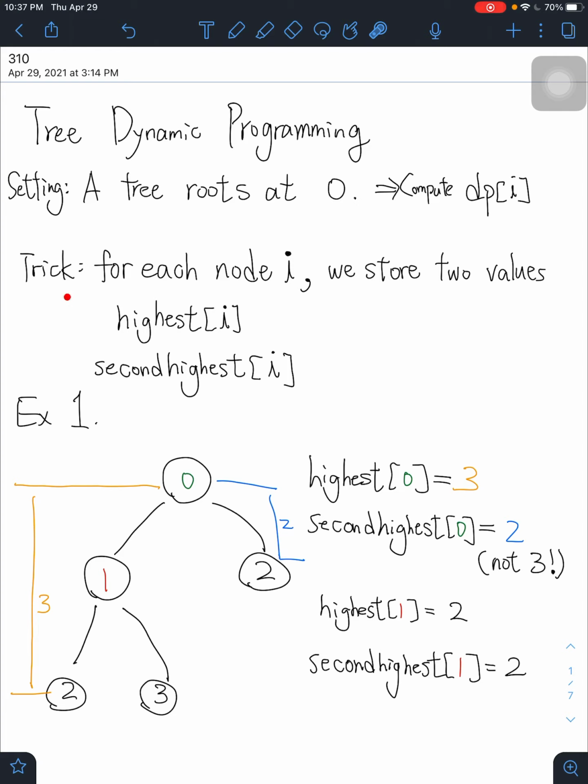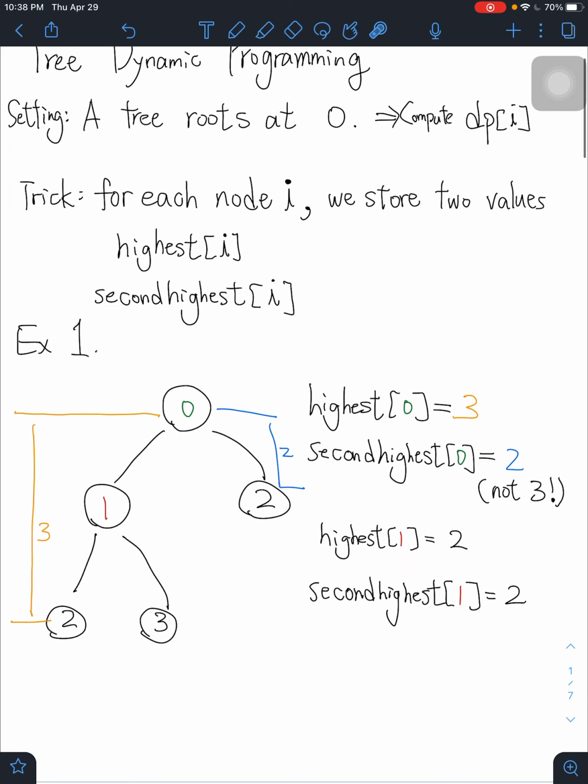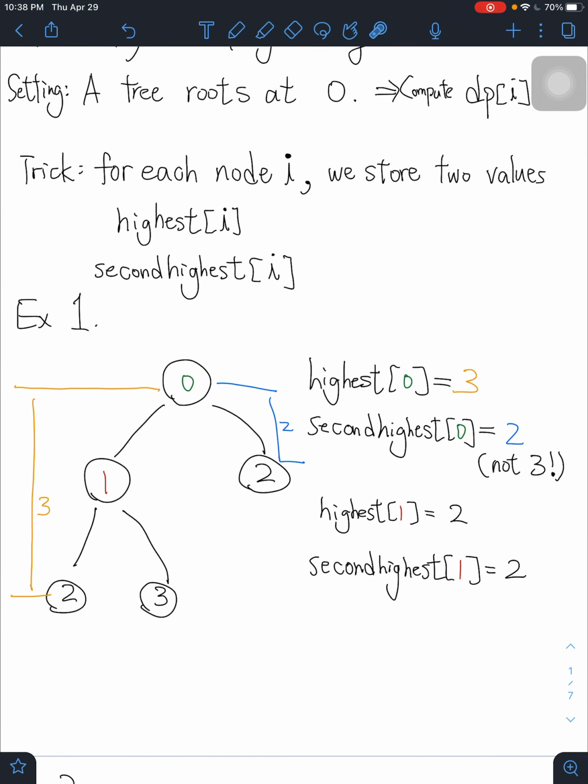So one of the tricks is that for each node i, we are going to store two values. One is highest[i] and the second is second_highest[i] for each node. Okay, so let's give some examples. The first example is that highest[0] will be 3, because we will have two choices here.